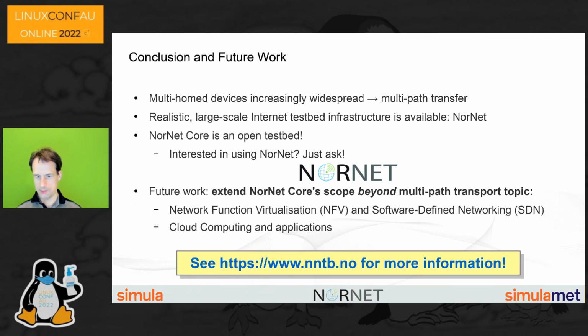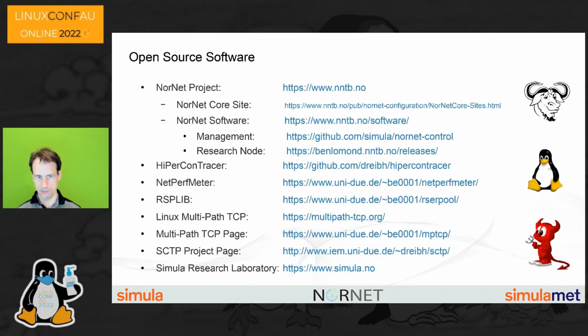And particularly if you are interested in more details about NorNet, you can find a lot of information about NorNet on the NorNet website www.ntb.no. And particularly we're also very committed to open source software development. So a lot of software coming out of NorNet is of course available in different web pages and particularly in a lot of GitHub and Bitbucket repositories.